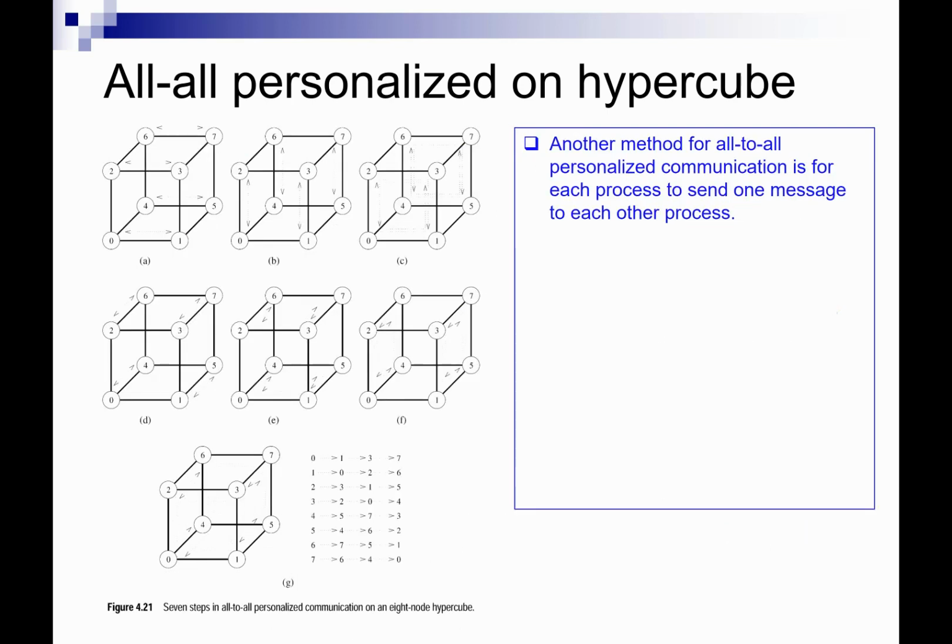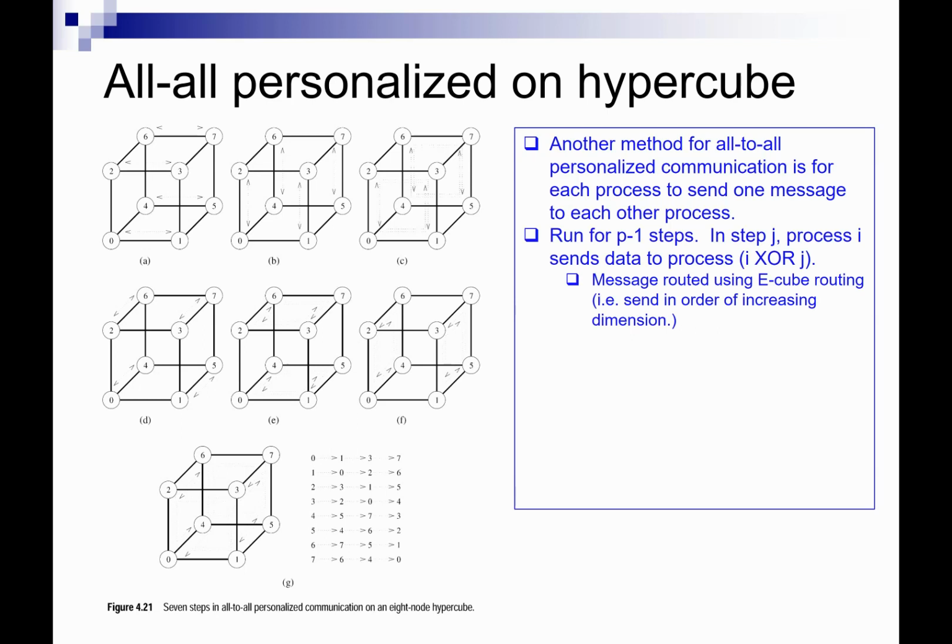Now here instead, we're going to use a different algorithm, which is going to take many more steps. In fact, it's going to take p-1 steps. But in each step, each node is only going to send one piece of data. And we're going to see that this algorithm is going to be more efficient, and in fact, it's going to meet the lower bound on the communication.